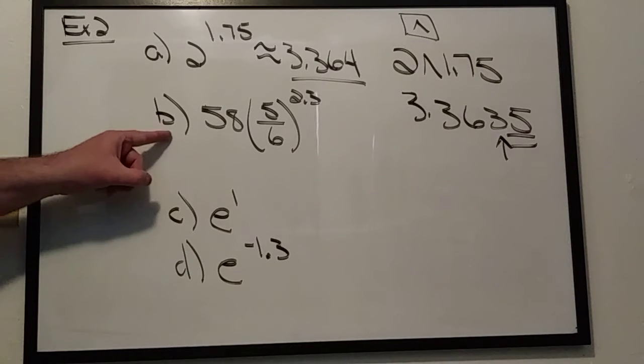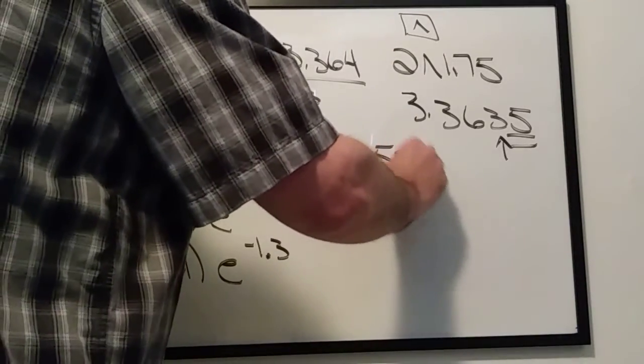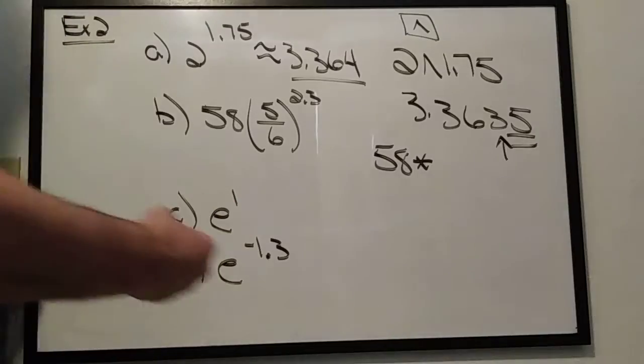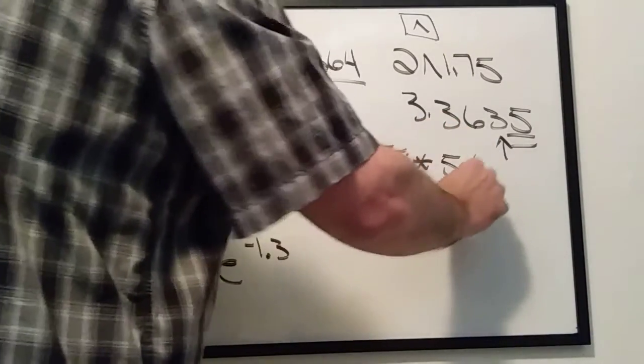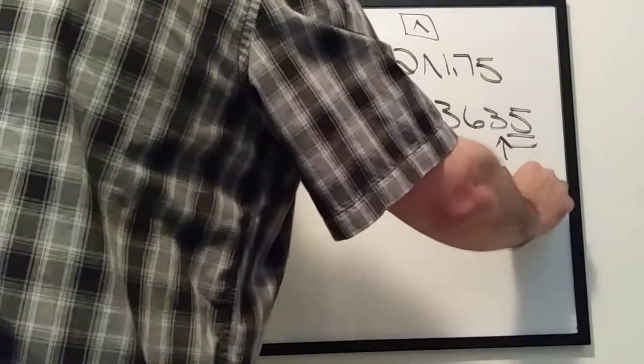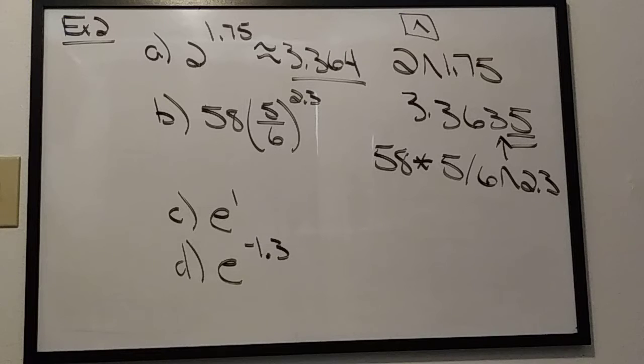So as you look at part B, sometimes people will type in something like 58, and then they type the multiplication symbol, and then they do 5, division symbol 6, caret 2.3. Now remember that the order of operations, you can use the acronym PEMDAS to help you think about all the different pieces and parts associated with that order of operations.